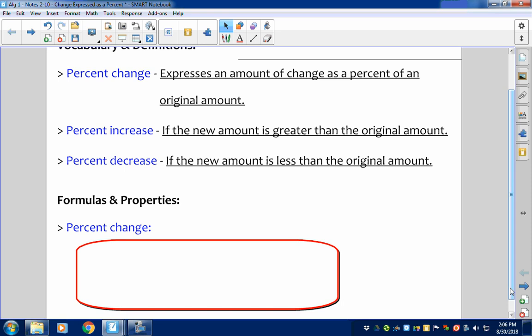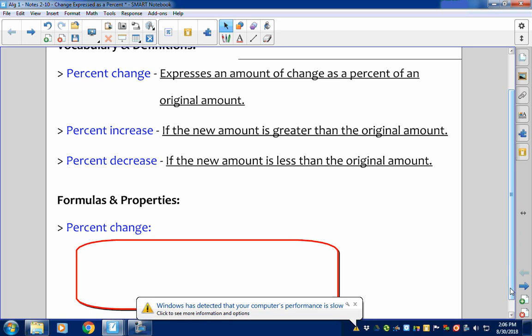In several of the problems, they just tell you what the new amount is and what the old amount is, and you can figure out if it's an increase or decrease. Basically, you do some subtraction, and then a quick division, and then change it to a percent. That's about what this amounts to. So a lot of calculator work.